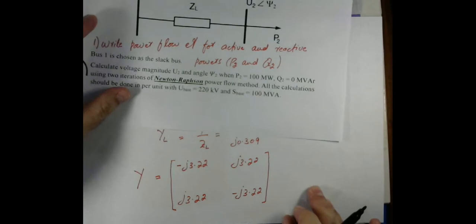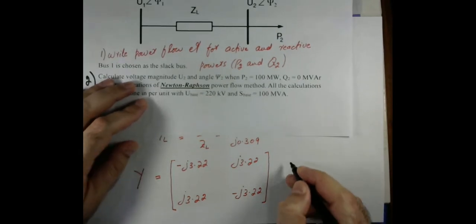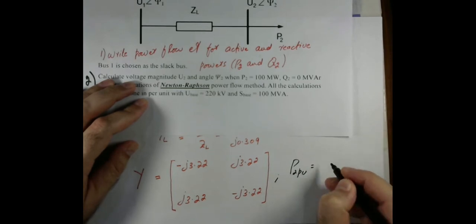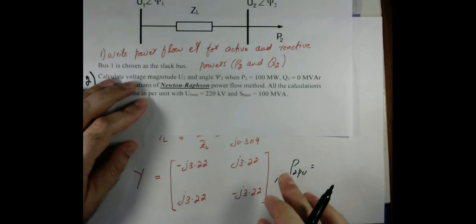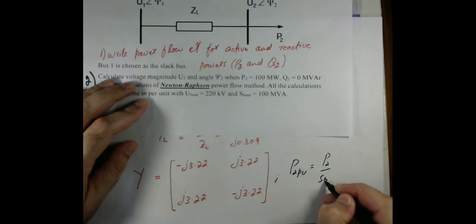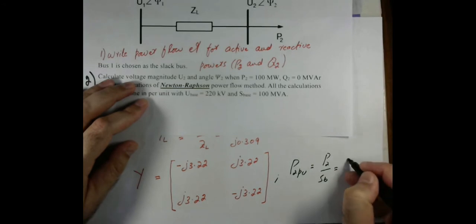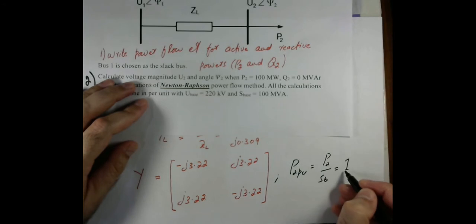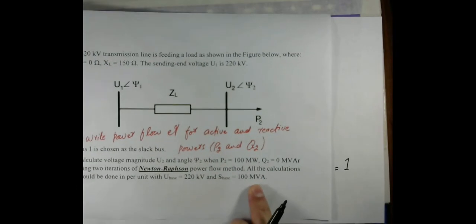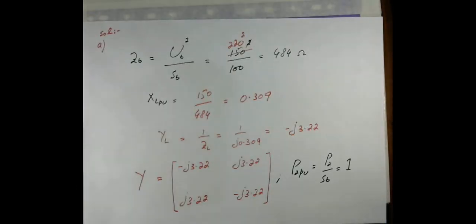So P2 per unit will be equal to the actual value P2 divided by S base, as both have the same value, so that will become 1 per unit, as both have the same value, 100 megawatt and 100 MVA. So now this is in per unit.